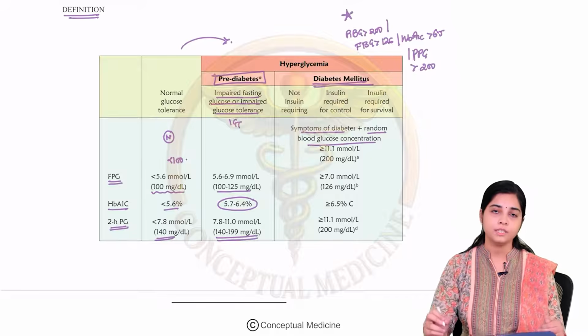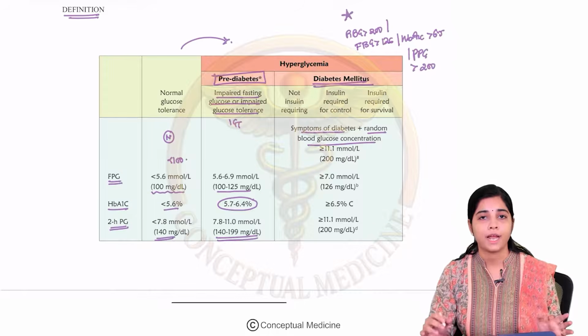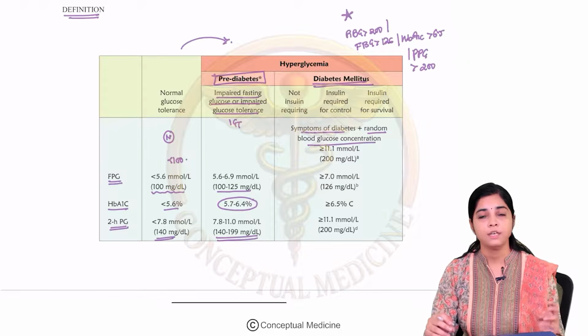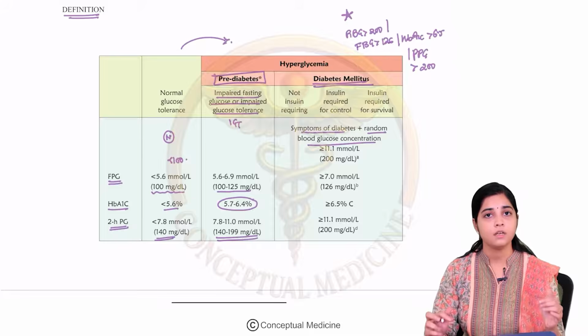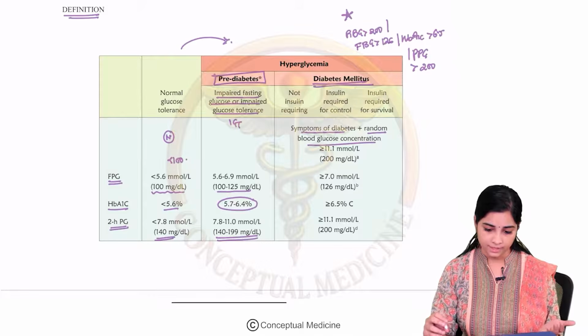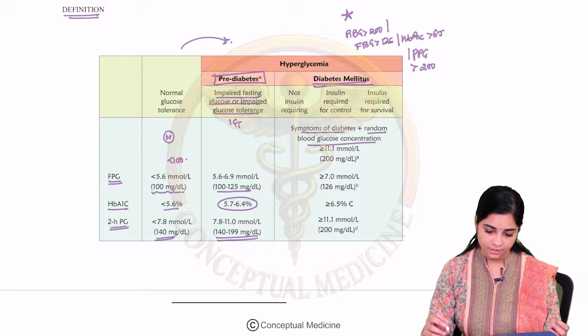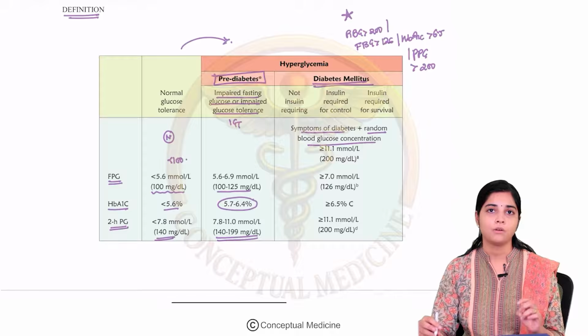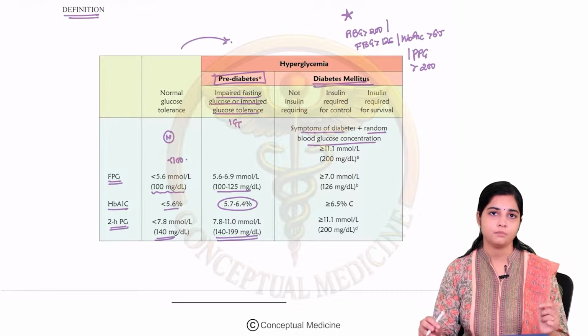So any of these is considered frank diabetes mellitus. So symptoms of diabetes are present, fasting is more than 126, postprandial is more than 200, and your HbA1c is more than 6.5. So this is the definition of diabetes mellitus.